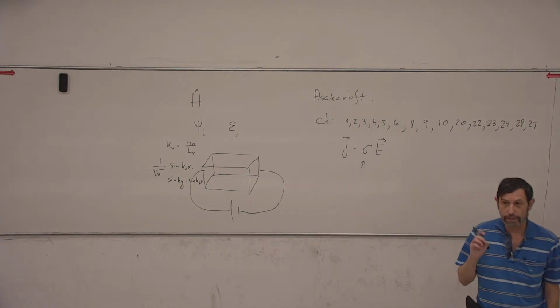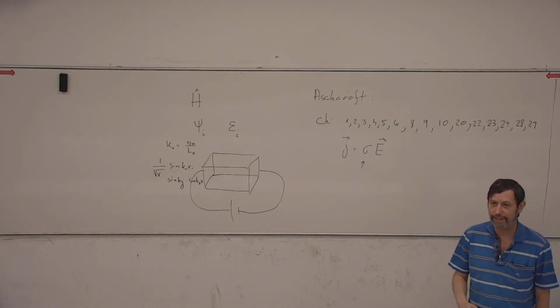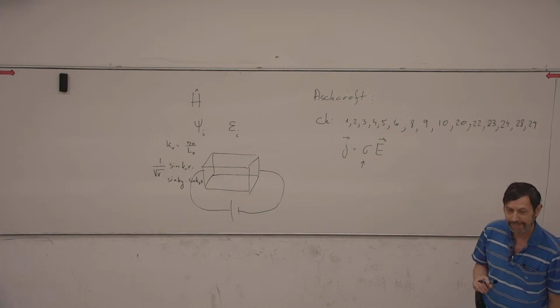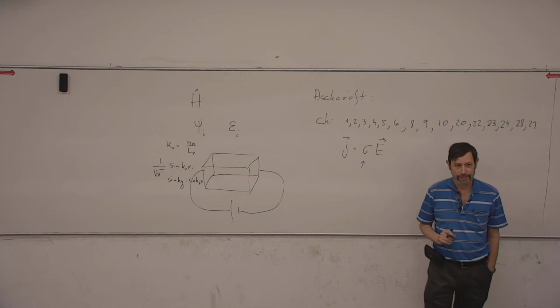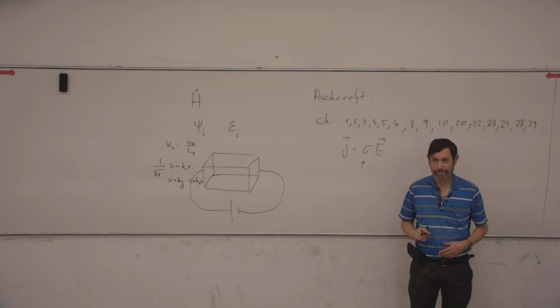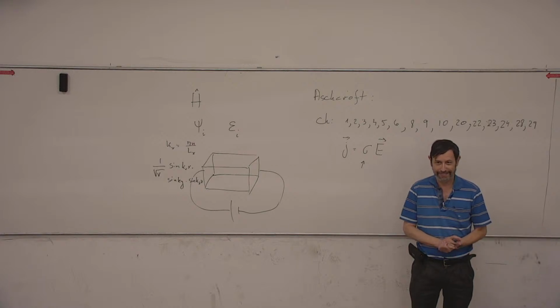I want an honest-to-God physical realization. I'm still connected to the outside. I want only my system. Conservation of charge: how can charge go? Where do you want the current to go? That's what I'm asking you.